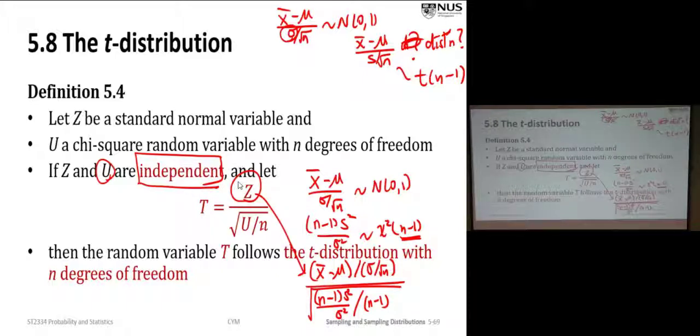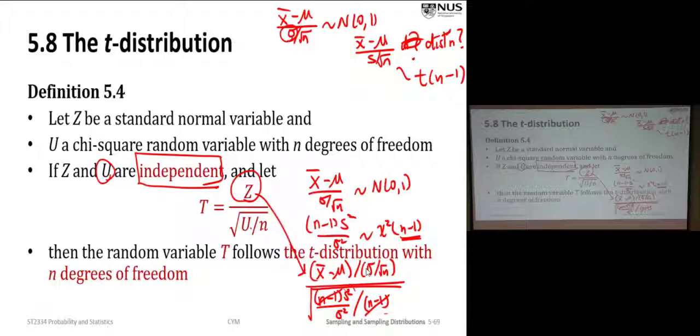It's the standard normal over the square root of a chi-square distribution divided by its degrees of freedom. So n minus 1 divided by n minus 1 cancel out. Square root of sigma square is sigma.